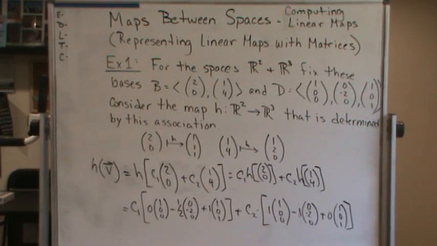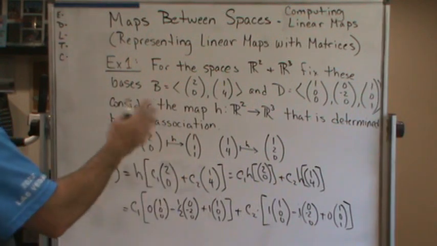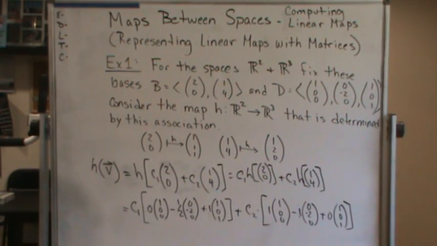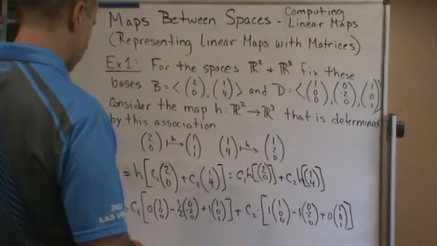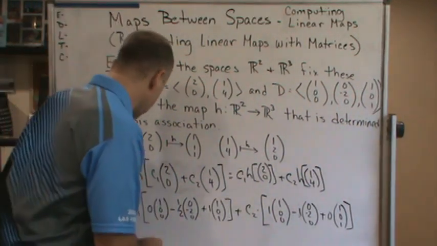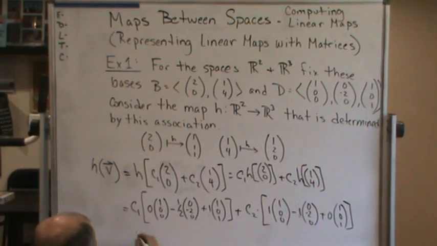Now we're going to distribute and combine like terms, meaning we're going to group the basis vectors together. So if we distribute this, what do we get?